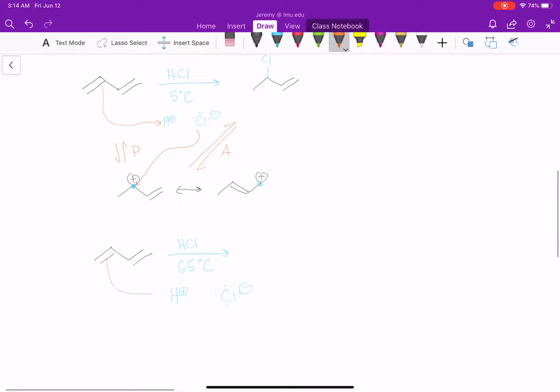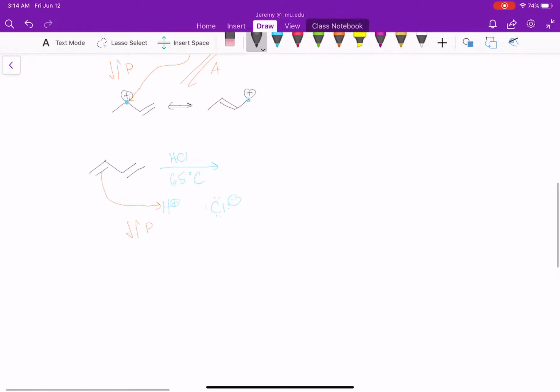We protonate. We form our carbocation. We draw the resonance structure associated with this.